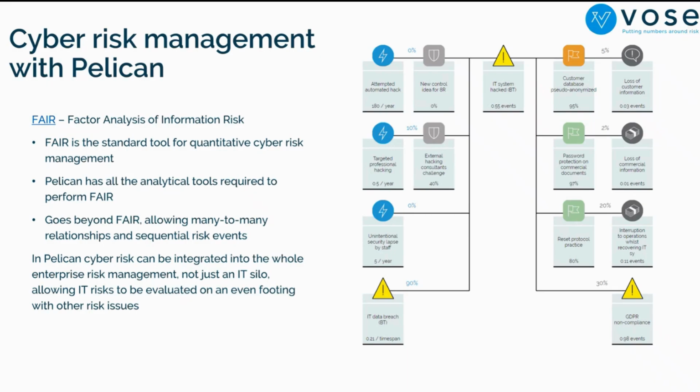The guidelines for the FAIR analysis have been developed with the cooperation of Vose Software, and our bow tie approach, as you can see on the picture here, fully supports the FAIR methodology and even extends it. So it goes beyond FAIR, allowing for example many-to-many relationships and sequential risk events. So one risk event can cause another risk event, which in turn can cause a third risk event. So all that is fully under the FAIR methodology and beyond.